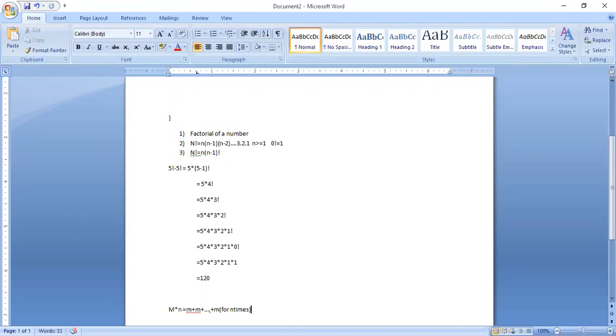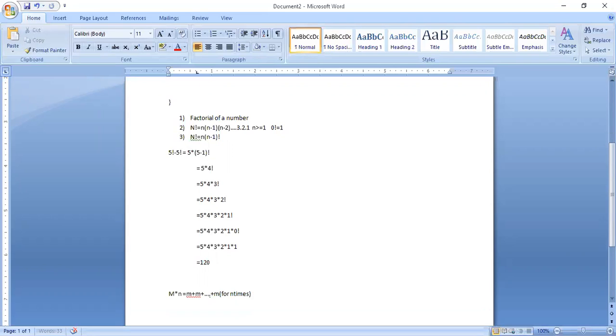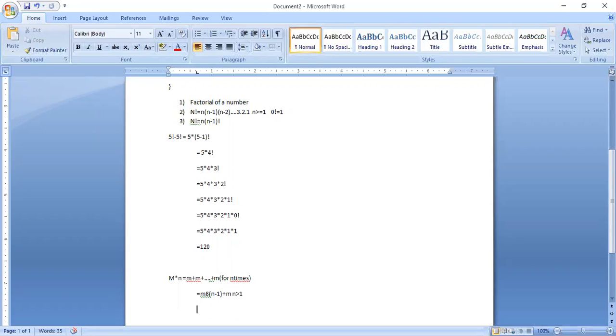This can be written recursively as m star n minus 1 plus m for n greater than 1, and it is equal to m for n equal to 1.